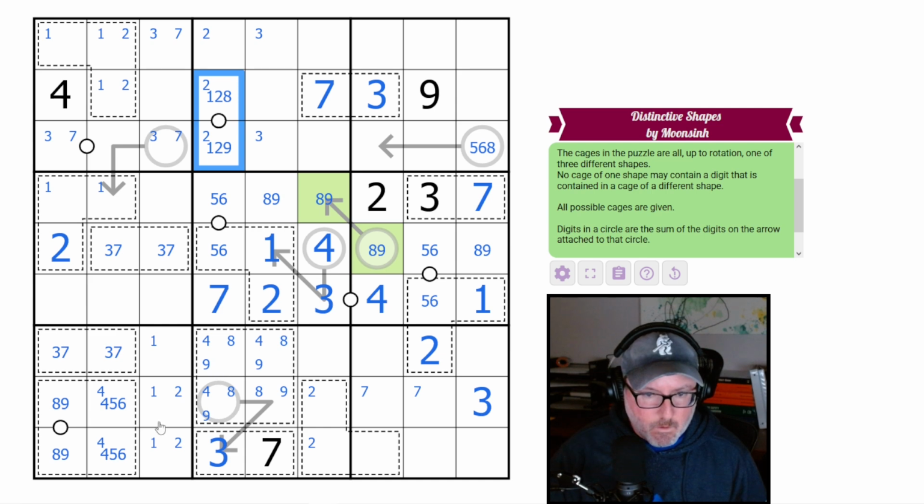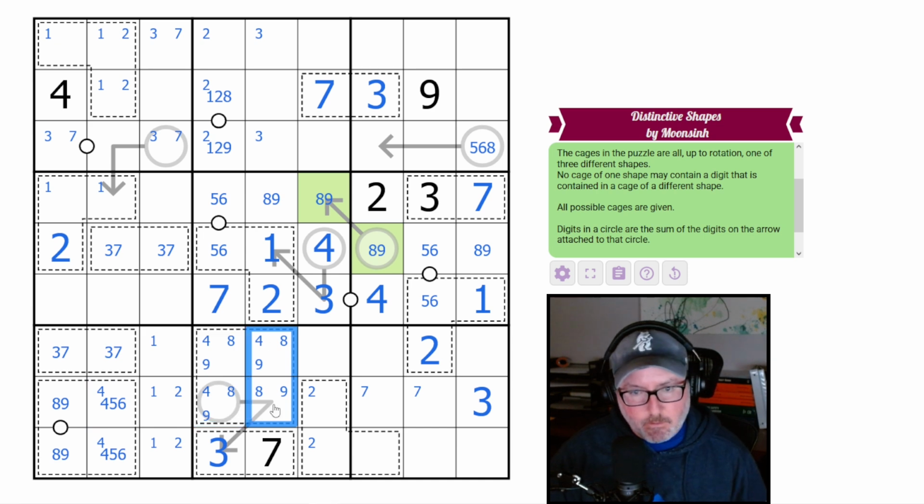So we know there's a 5 or a 6 in one of these, and it has to be over here, because it can't be here. Does that essentially just mean that, okay, no, here we go. Let's think clearer.